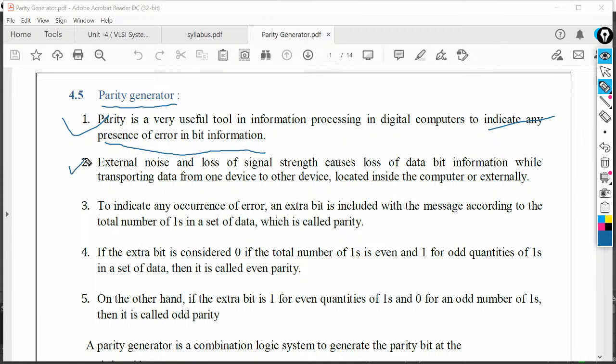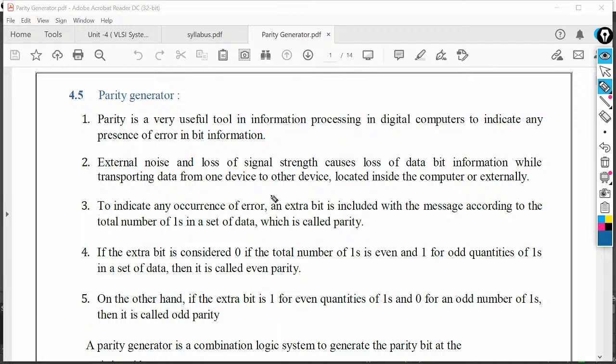Second point is that external noise and loss of signal strength cause loss of data bit information while transporting data from one device to another device located inside the computer or externally.